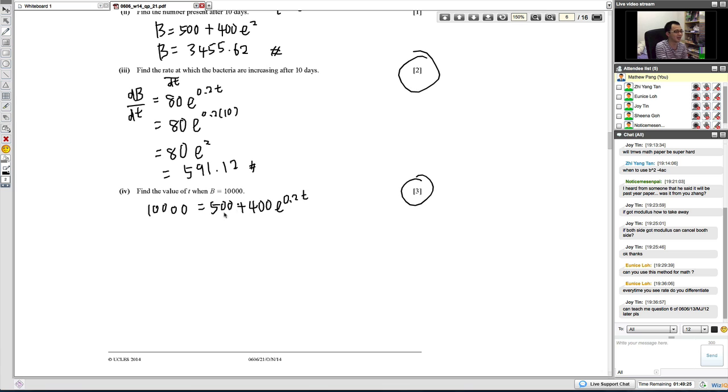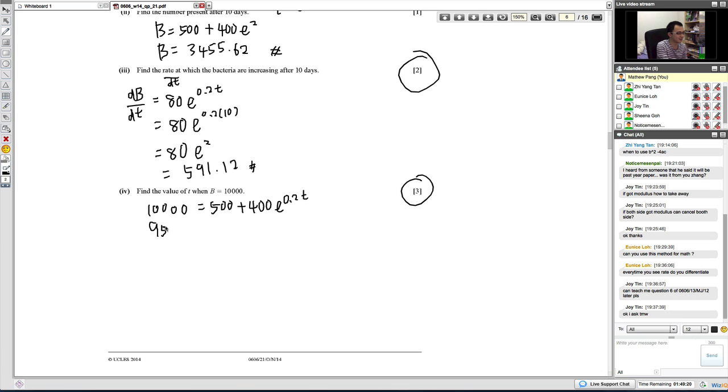Alright, so I will solve this one first. Minus 500 is just 9,500. And then move the 400, just divide by 400, will equal e^0.2t. Of course, you can simplify it. And then 95 divided by 4 just gives you 23.75. And you know whenever you see e, what you need to do is add ln to both sides.